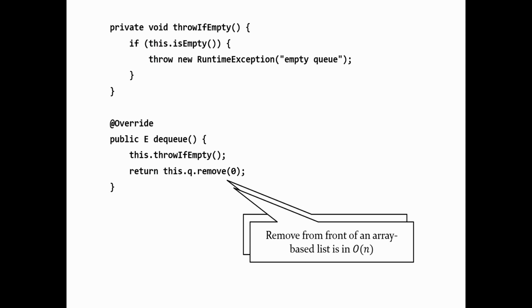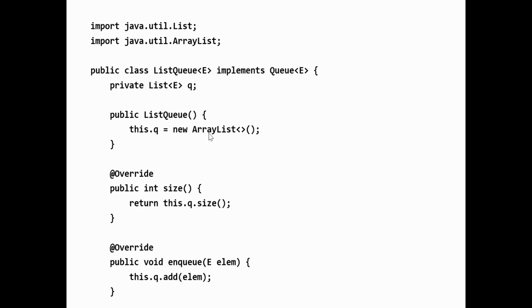Now, the problem with removing something from an array-based list, which we saw, well, not the problem. We saw that when you implement an array-based list, if you remove something from the middle of the list, then you have to move all of the following elements forward one position in the array. Because we're using an array-based list here, the same thing is going to happen.